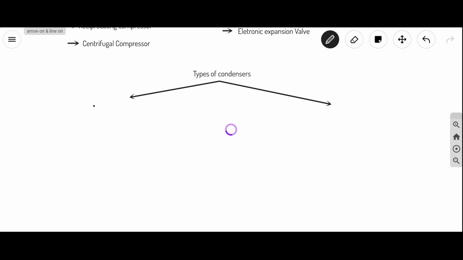Let me explain here. So this is the condenser. Into the condenser we are supplying hot refrigerant, and outside we need cold refrigerant. So to make the hot refrigerant cool, what are we doing?